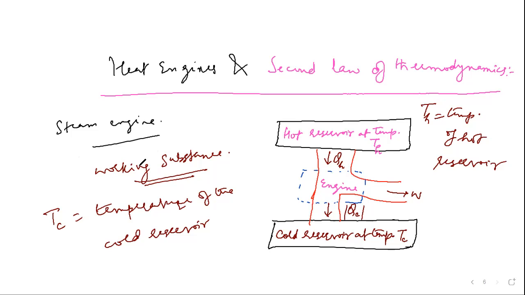So we say these engines are cyclic because working substance comes back to its original state. So the process is cyclic. Engine is cyclic. So in each cycle, it takes certain heat, rejects some heat, and does some work.